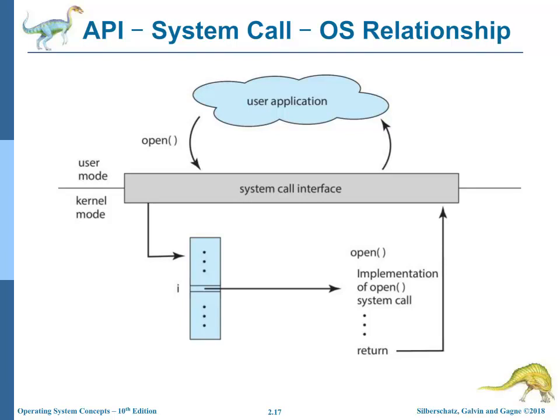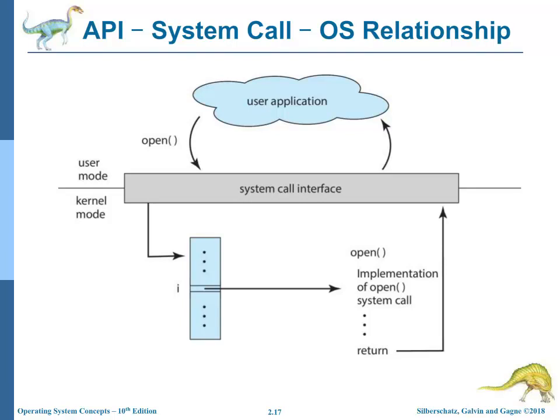So from the programmer's perspective, the distinction between API and system call is irrelevant. To them, it's just another function call. All they need to think about is the function name, parameter types, and the return values.